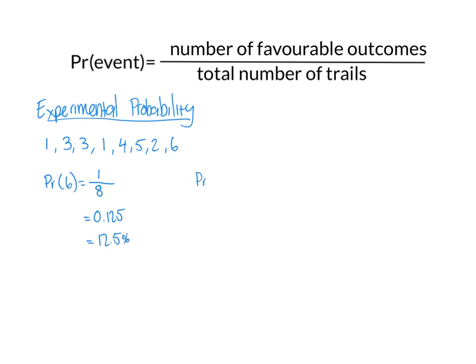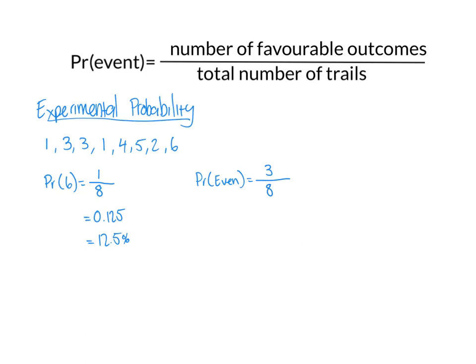So if we want to see the probability that we get an even number, well, we have to look at how many favourable outcomes do we have. So we've got 1, 2, 3. So that's 3 favourable outcomes, or 3 outcomes that we like. And then on the bottom, how many trials in total? So there's still 8. So 3 out of 8.